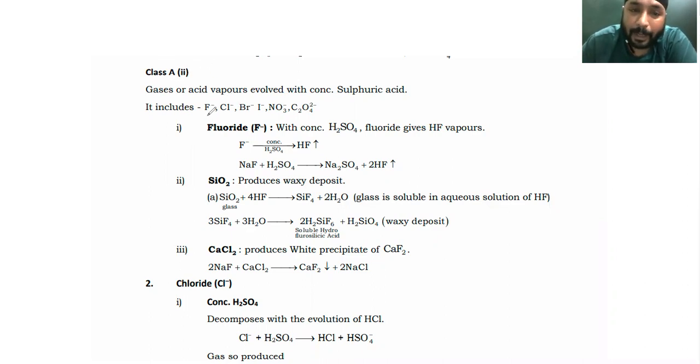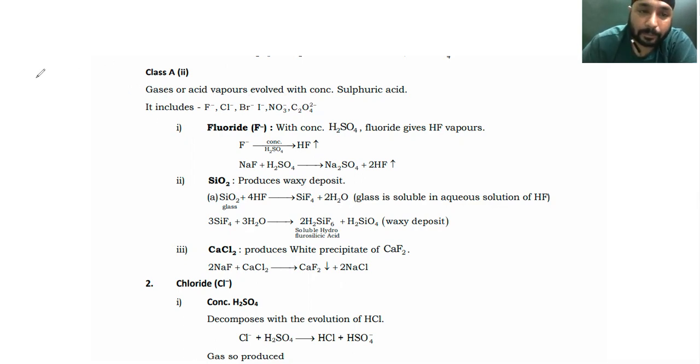F minus, Cl minus, Br minus, I minus, all the halides, nitrates and oxalates. So these are the anions we'll be testing with the help of concentrated H2SO4. We'll be taking these ions one by one. First we'll do the prelim test, which will indicate that F minus or any of these anions might be there. And after that we have to do the confirmatory test, which confirms the presence of these ions.